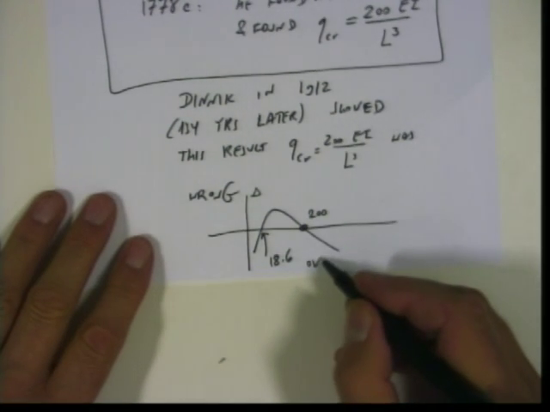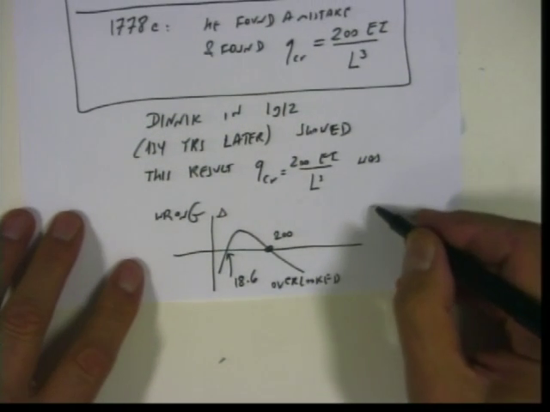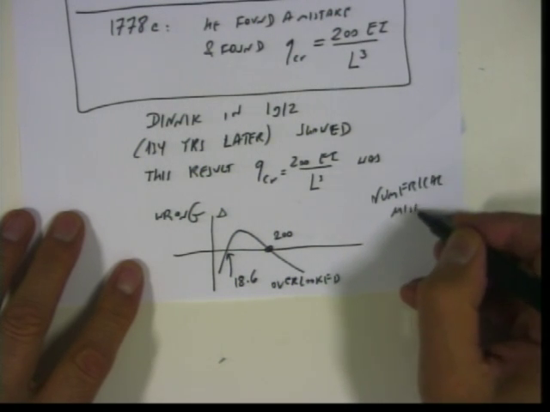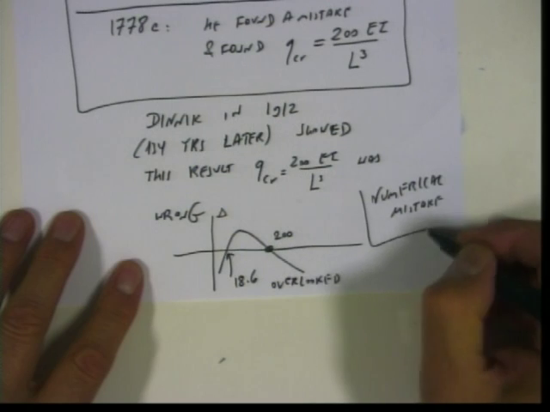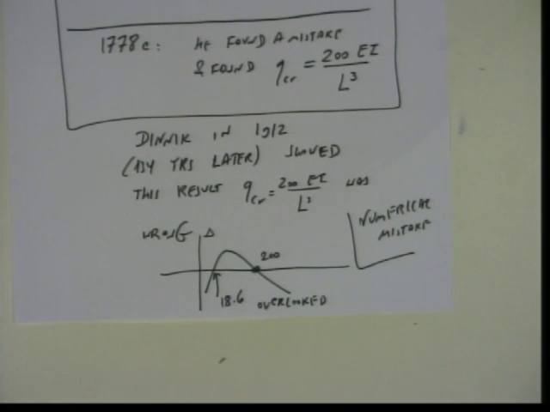He overlooked it. So he has a numerical mistake. Okay, so he had a numerical mistake.